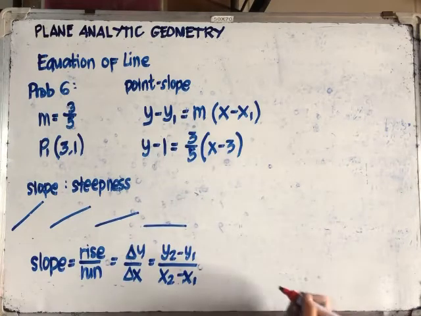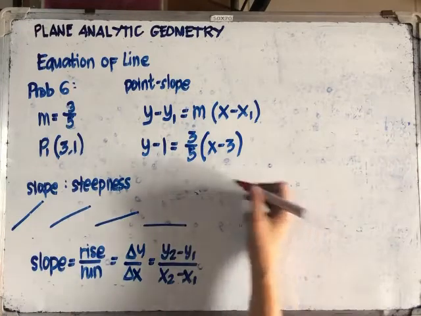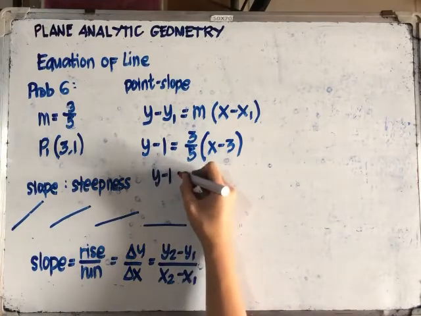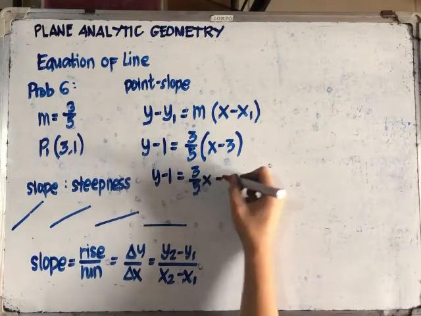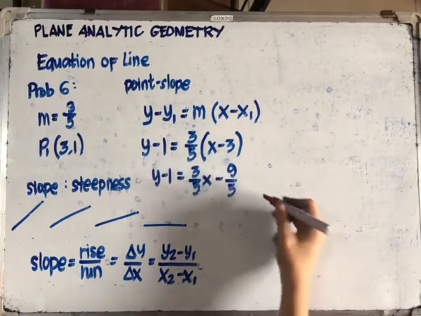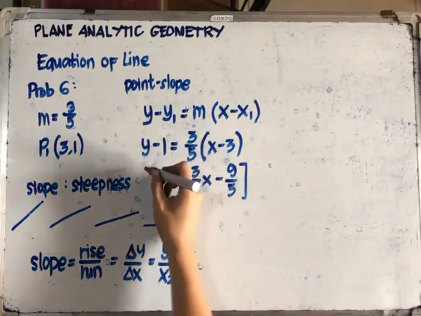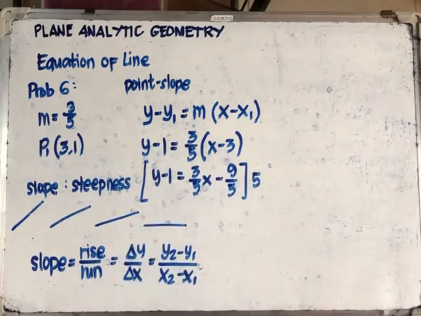So let's distribute our 3/5. This would be y minus 1 equals 3/5 x minus 9/5. Okay, let's multiply both sides by 5 to get rid of our denominator here.